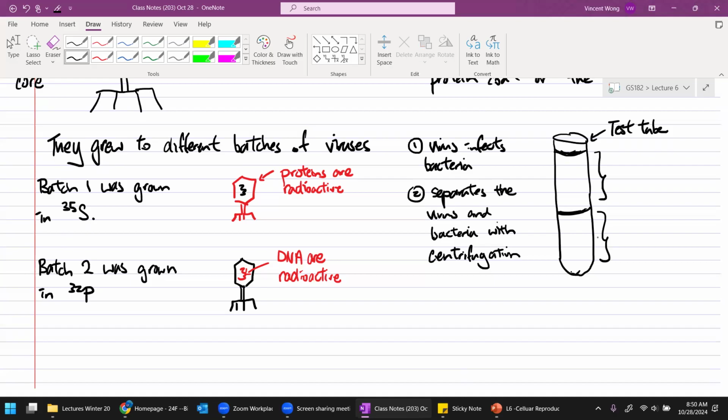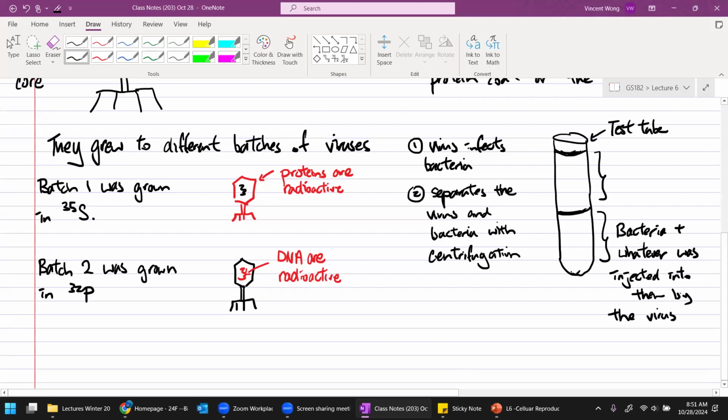So remember, earlier I was telling you the virus injected something into the bacteria, right? And then you go separate it. So the bacteria sinks to the bottom. So this bottom portion is basically bacteria plus whatever was injected into them by the virus.